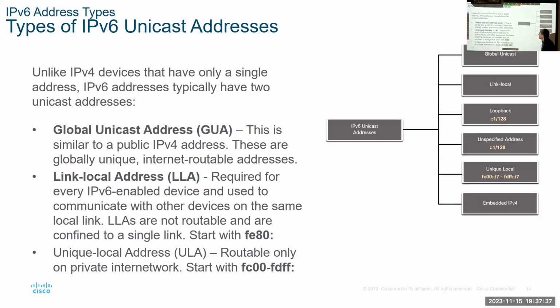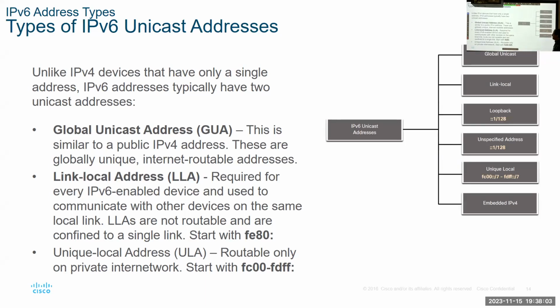Link local addresses: anytime IPv6 is enabled on a device, that interface has to be assigned a link local address. Typically, if you don't assign it statically yourself as an administrator, it will assign it itself.